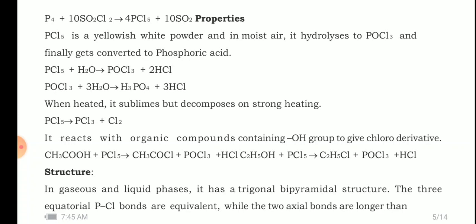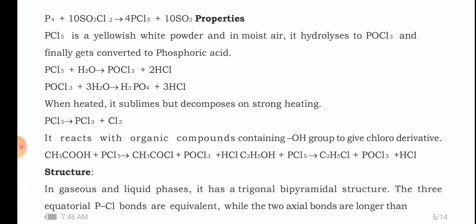It reacts with organic compounds containing OH to give chloro derivatives. So it has the same function as PCl3, and we have seen the reactions of PCl3 and PCl5 together as well. In gas and liquid phase, it has a trigonal bipyramidal structure.